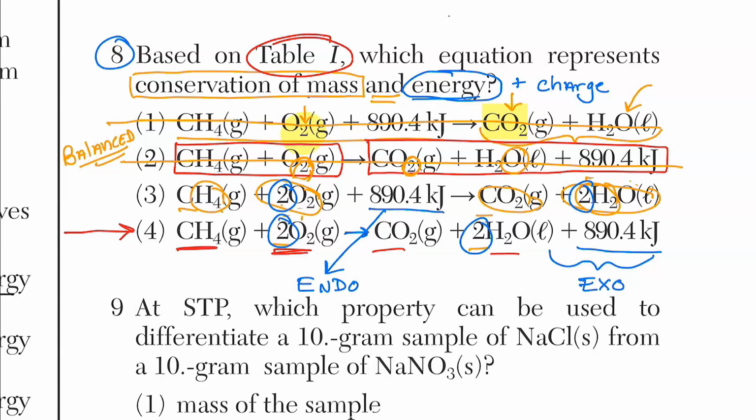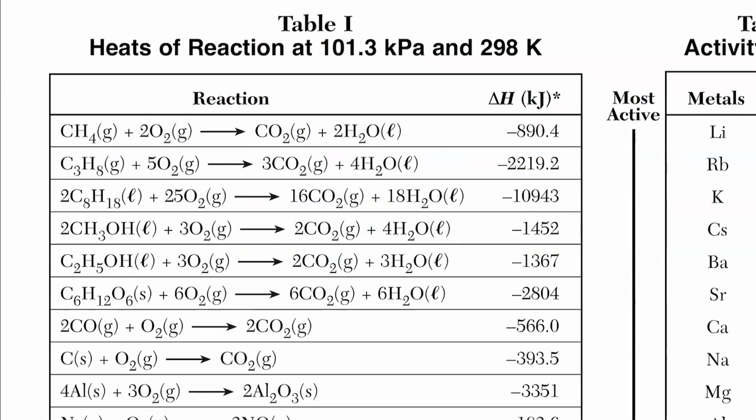So let's go to Table I. I like Table I. So here we are with Table I. Again, I like this table, but more importantly, the reaction we're looking at is right here. And if we look even closer, okay, we can see that we've got 2 O2s and 2 H2Os. So this reaction is balanced as we had in choices 3 and 4.